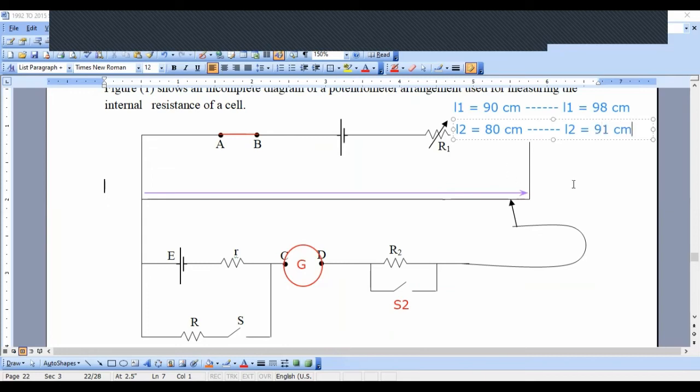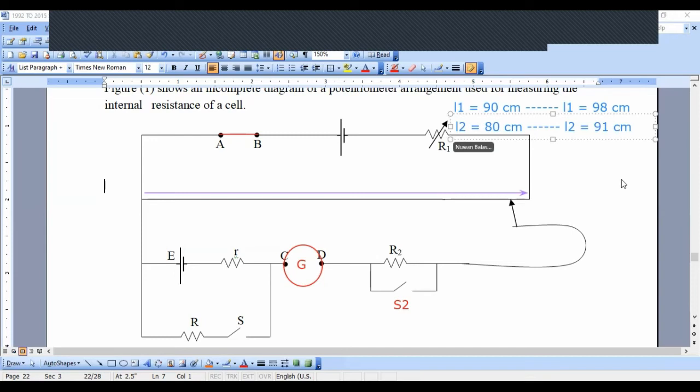Can you understand here? Now both L1 and L2 are larger, and both are smaller than the length of the potentiometer wire, so we are able to do the practical.